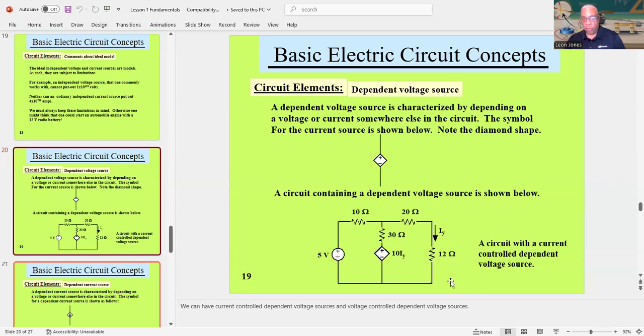Now, if you look at this circuit right here, I can tell you what it is right now. This is a combination circuit because you have your resistors right here, which are in ohms. They're in series, and you also have parallel circuits.